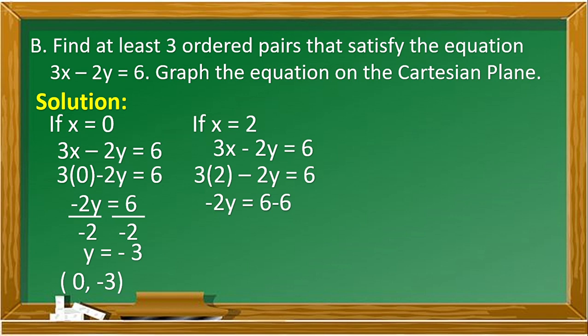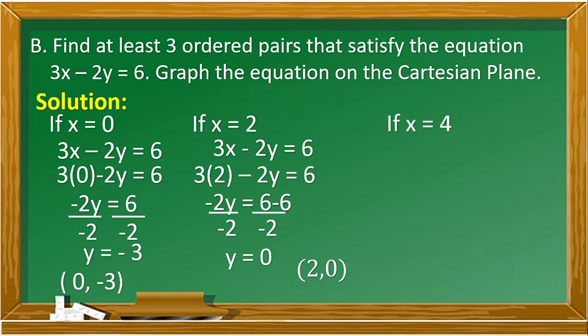By applying the additive inverse, we have -2y = 6 - 6. -2y divided by -2 is 1y or y, and 0 divided by -2 is 0. So therefore, the value of our y is 0. And the ordered pair for this is 2, which is the value of our x, and 0, which is the value of our y.